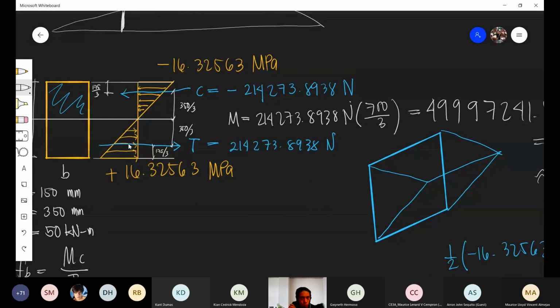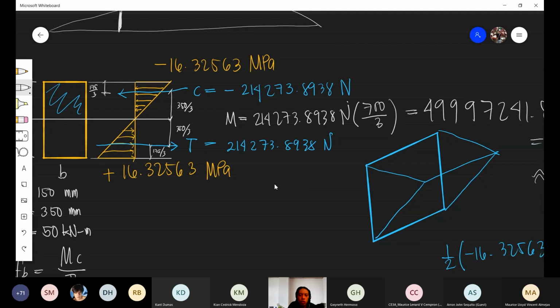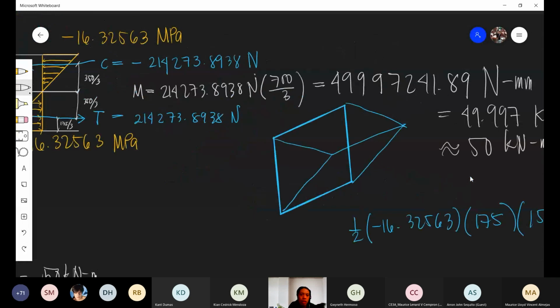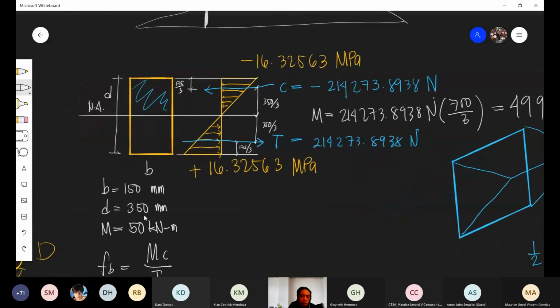Ito na ang mga fiber, syempre magre-react ang mga fiber. Some of the fiber will be tense, some of the fiber will be compressed. Okay? And the net force nga makikreate ito nga mga tiny reaction and mga fiber will accumulate to a total of the 50 kilonewton meter, which is equal to the applied moment dida nga section.